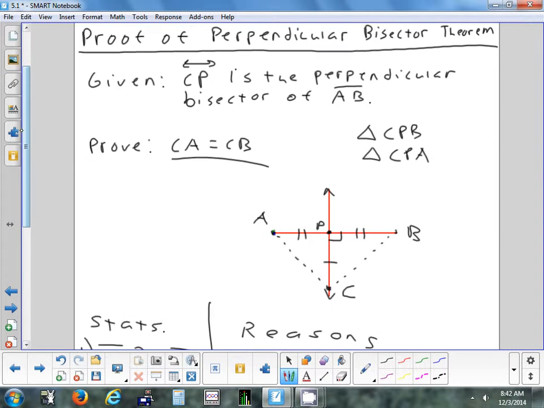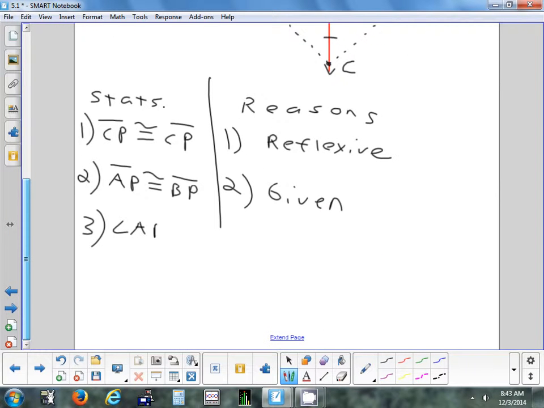Step 3. Well, now if we've got a side and a side, and remember what we said about perpendicular lines. If you have perpendicular lines, they form 4 right angles. So let's say angle APC is a right angle.